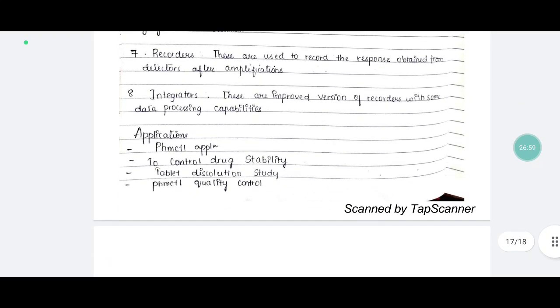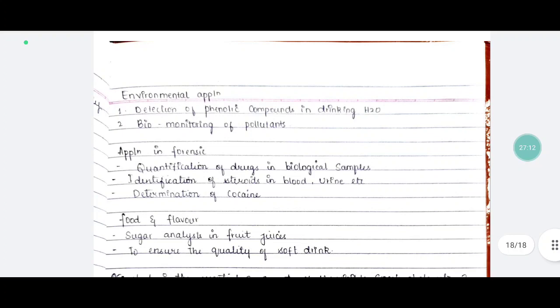The applications: number one, pharmaceutical application, to control drug stability, tablet dissolution study and pharmaceutical quality control. Whereas environmental application is detection of phenolic compounds in drinking water or bio-monitoring of pollutants.